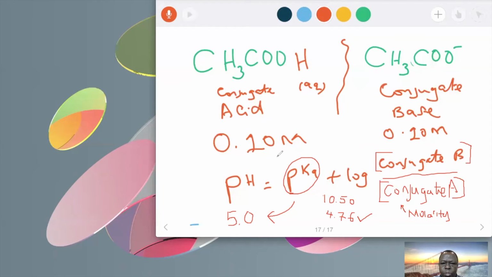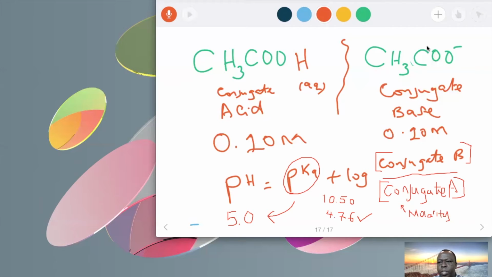Let me just go to the data sheet and show you what you need to do for part one and part two. There are two parts. Part one is preparation of a buffer solution, and part two is calculation of the pH using the Henderson-Hasselbalch equation.